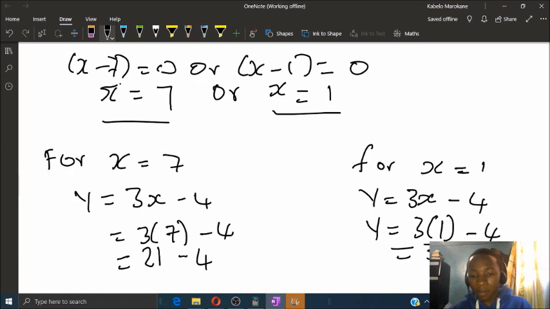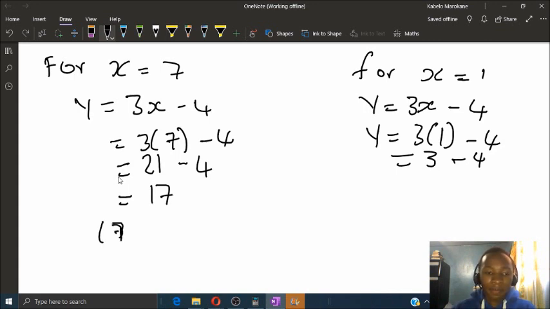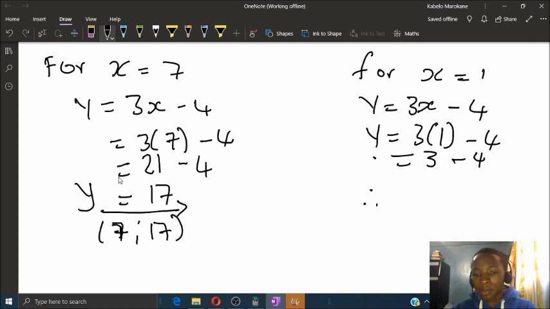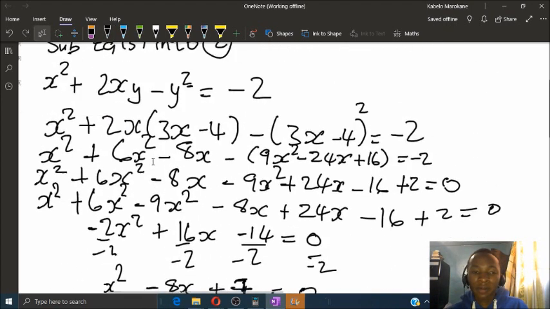Then 3 times 1 minus 4. 21 minus 4 should be 17. So when x is 7, y is 17. We have already solved for y. And in this case, y is minus 1. So when x is 1, y is negative 1. So we have solved for x and y. We have completed the equation.